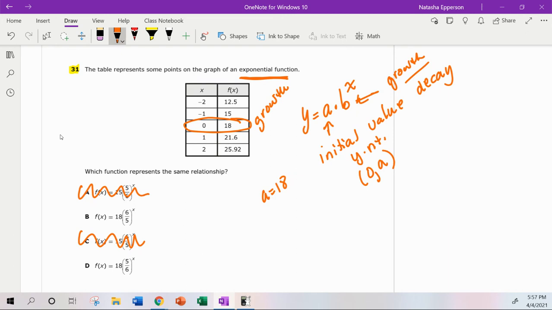Looking at B, 6 divided by 5 gives me 1.2. That is larger than 1. D, 5 divided by 6, that's going to give you 0.83, which is smaller, so this one would be decay. So by default, our answer choice has to be B.